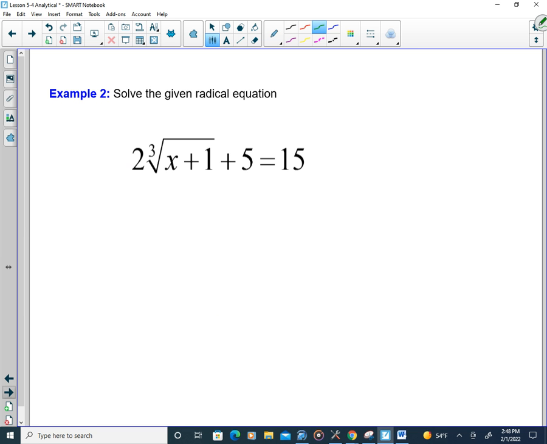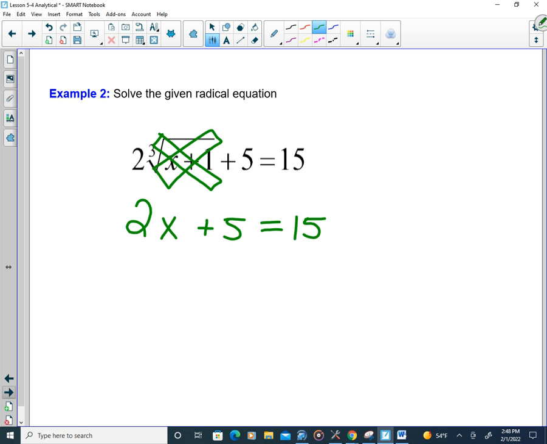All right, let's try another one here. It says solve the given radical equation. If you notice, this equation has a cube root, but you do it the same way. Okay? So you want to think of this radical as a big giant x. So think of it as 2x plus 5 is equal to 15.